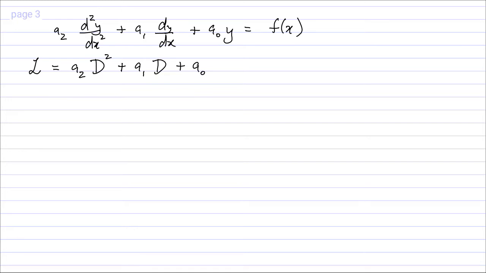If I act L on y, it's easy to see that I'll get the following. Just to be clear, d squared means that you act on y twice with the derivative operator. And so Ly is precisely the left hand side of your linear differential equation.